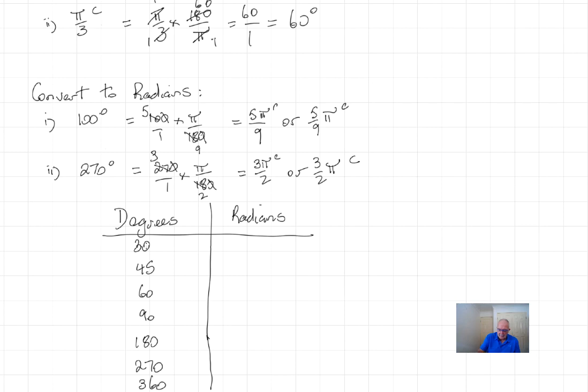30 is a sixth of 180, so it'll be pi on 6. So don't forget, pi is the same as 180.